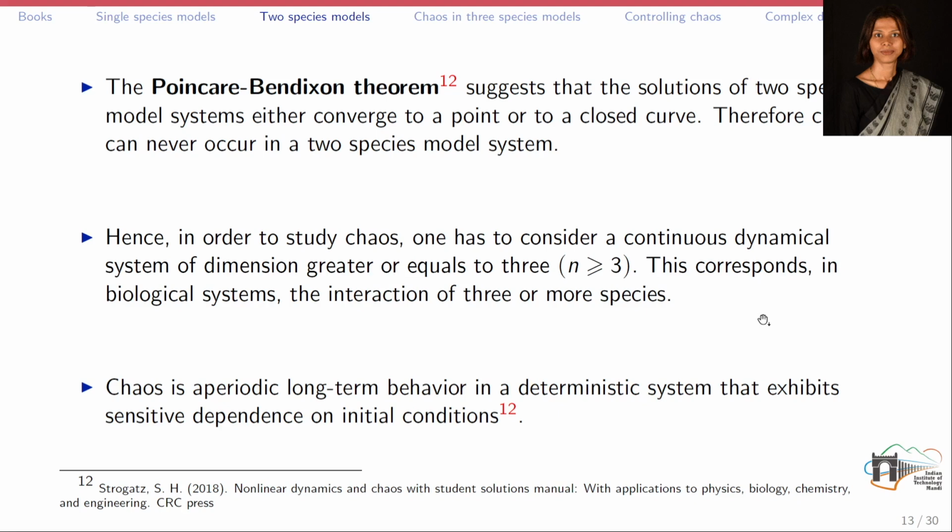As I said, one of the famous theorems in nonlinear dynamics is known as the Poincare-Bendixson theorem. This also suggests that a solution of a 2 species model system either converges to a point or to a closed curve, and hence it's impossible that chaos would occur in a 2 species model system.